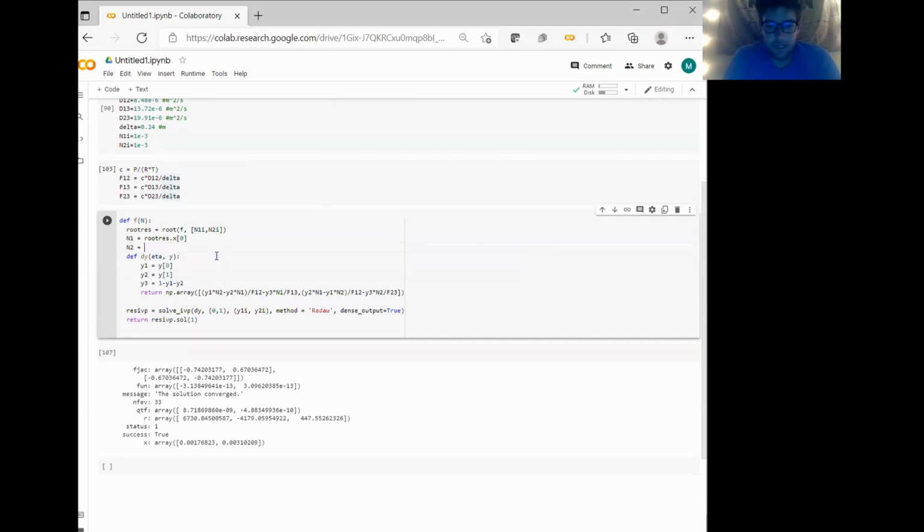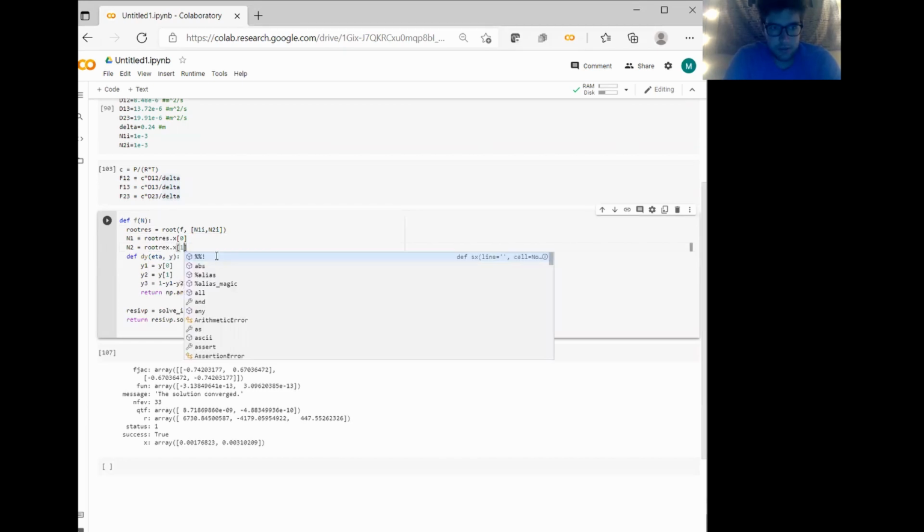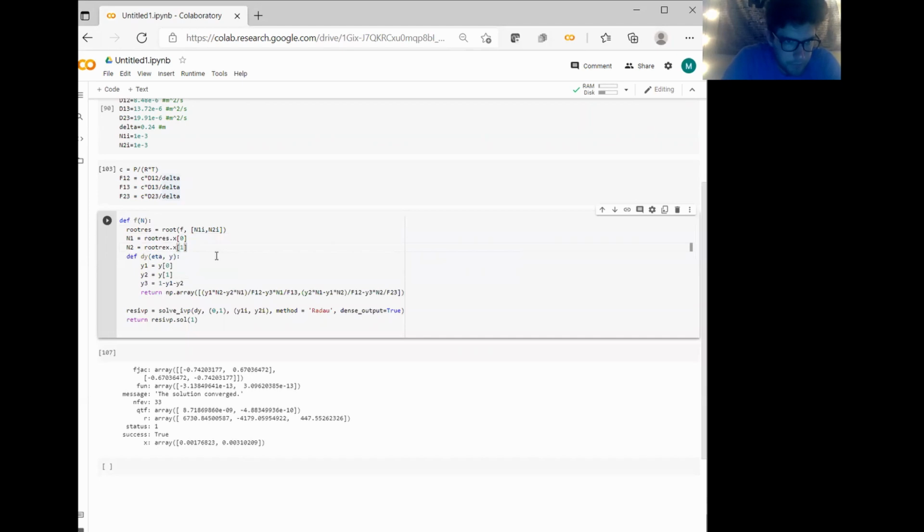So we're going again, root res dot x, first term. Okay, because what this will do now is it'll go to the root solver. Instead of defining it as N1 equals the first term in an array, it actually goes N1 equals the root solver first term in the array, and then the root solver second term in the array, which we just figured out works over here.